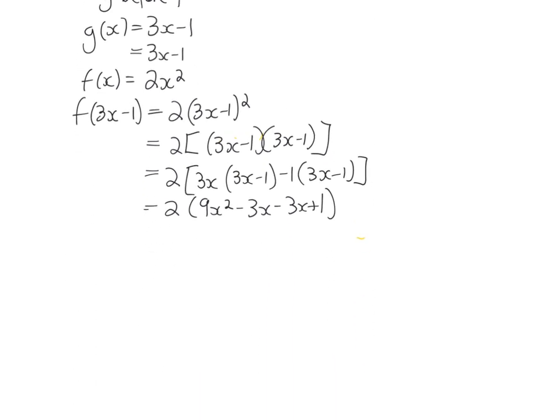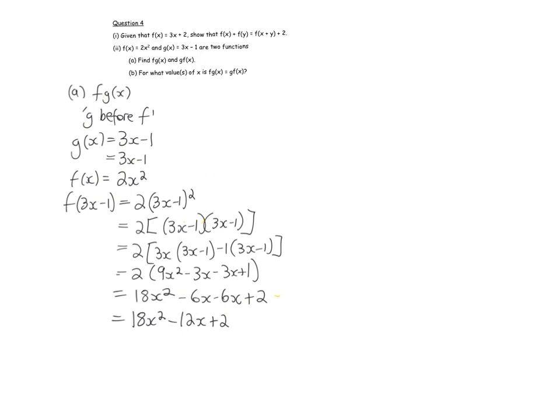Moving this up a little bit for a second, we get 18x squared minus 6x plus 2. So then the answer for this is 18x squared minus 12x plus 2.